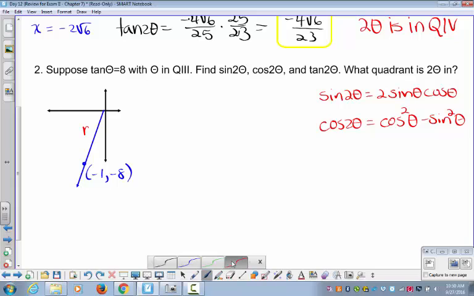So that should be where you're at. Does that choice of an ordered pair work for you? Does that make sense? You want y over x to be positive 8, and you're in quadrant 3. So that would be a great picture.